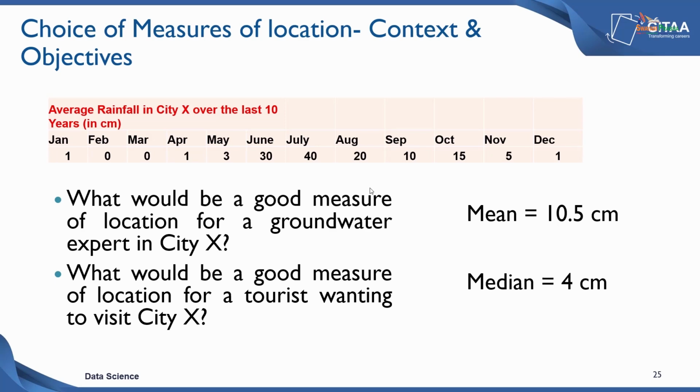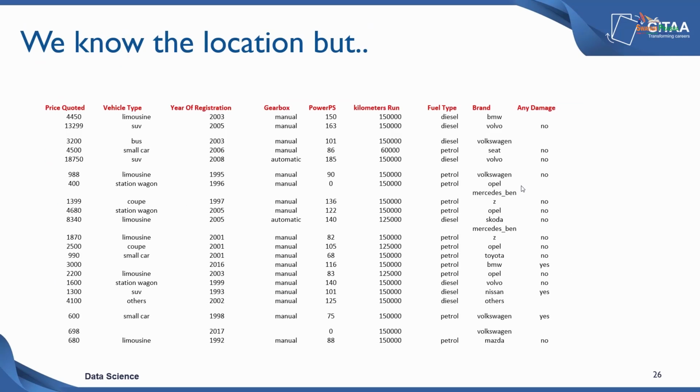So as I said, the choice of an appropriate measure of location is not just dependent on the data type, because the data type will tell you whether you can actually do an average or cannot do an average, but it also depends on the context and the specific question that you need to answer. Now a whole series of the knowledge of domain and appropriateness of understanding what action is going to be taken on the basis of the question is very important for you to decide on what is the appropriate measure of location.